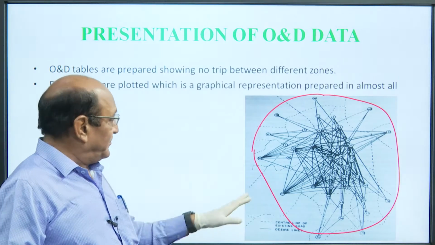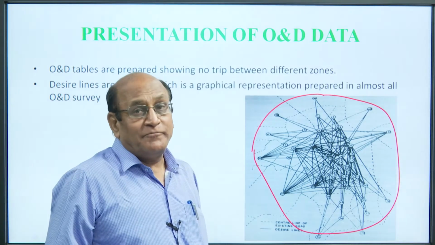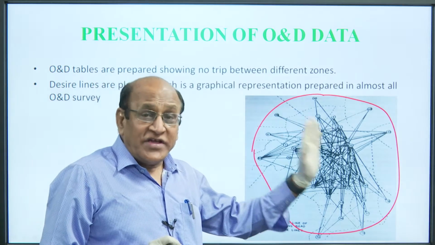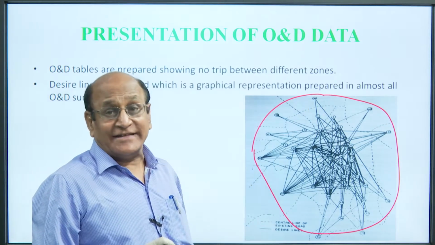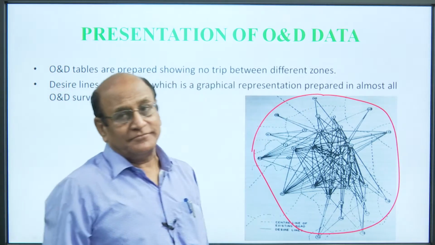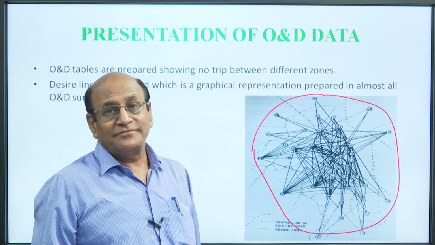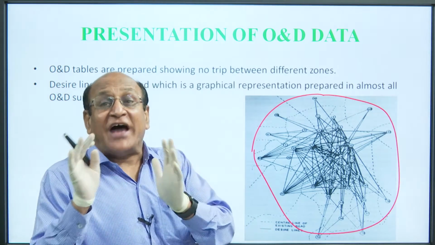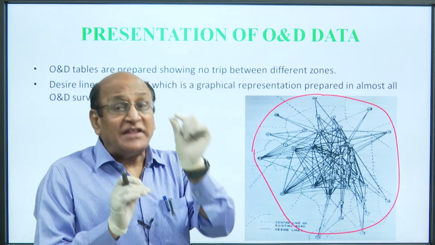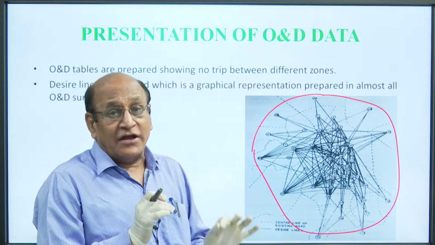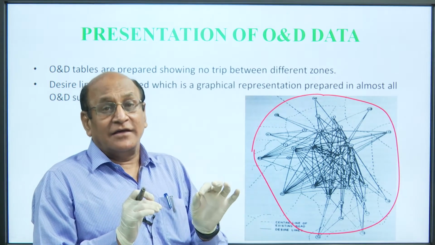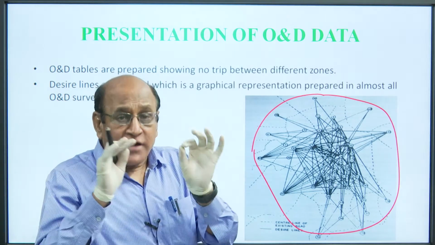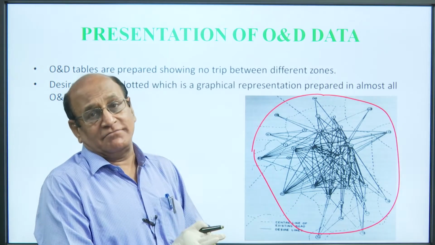In this data, we connect origin and destination by a straight line, and this is a desired line. The width of the desired line will show the number of trips in both directions.